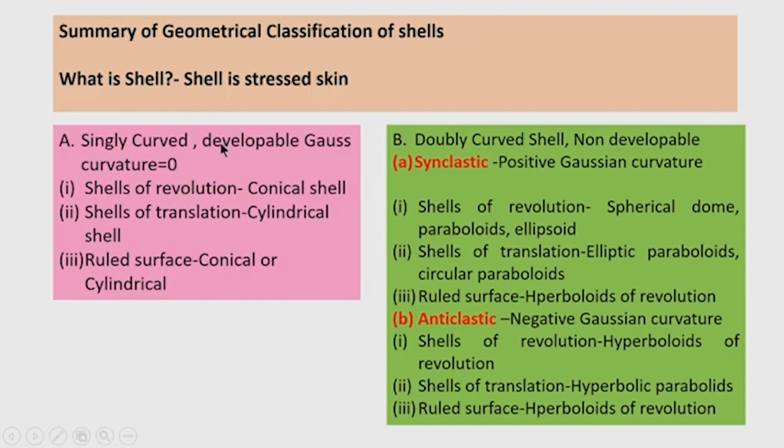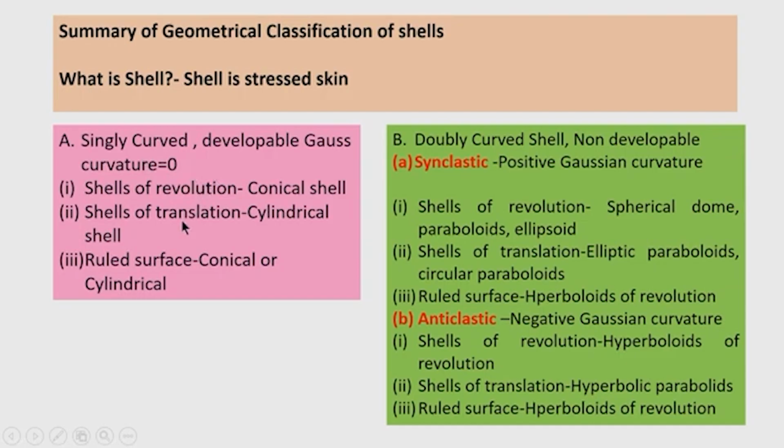So, that is the characteristic. In doubly curved shell, the surface is non-developable and the Gaussian curvature may be positive or negative. Okay. Shells of revolution are one type; conical shell or spherical dome are all shells of revolution.